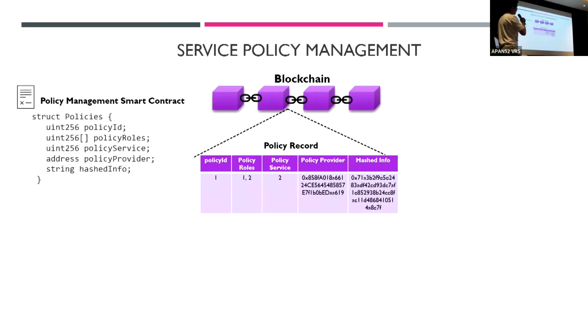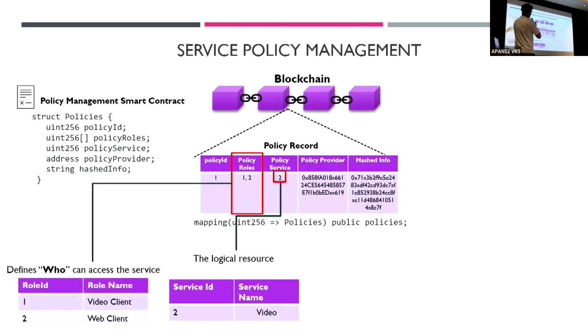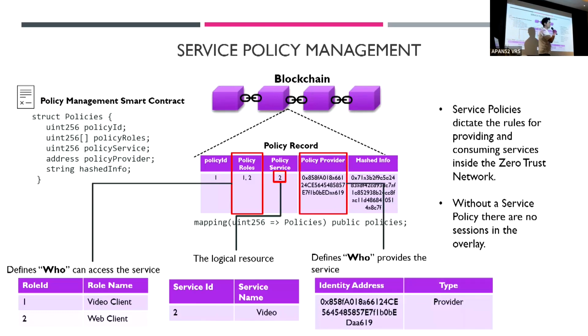So then what we have is like a policy record that lets us know that there is going to be a resource that is going to be advertised in the network itself. For example, a video is going to be someone that has access to this resource, that is a role. So as we know, the roles are assigned to an identity, and there is also going to be someone that is going to provide this service.